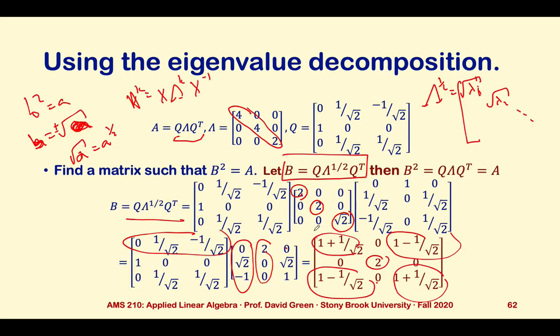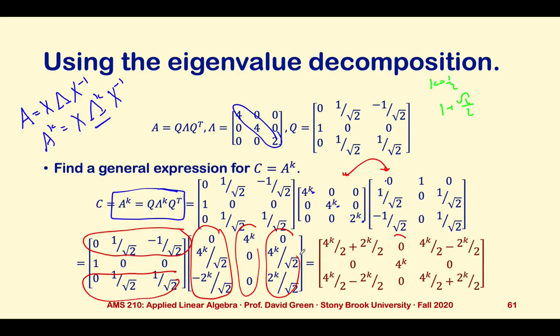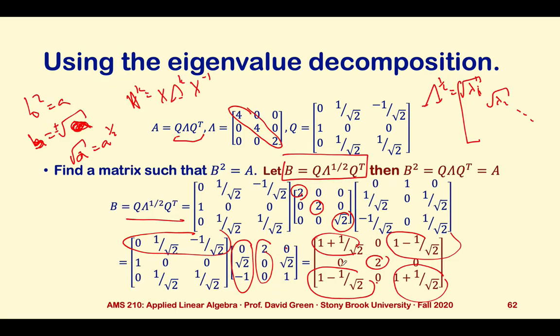That gives us the same expression here. 0, 1 minus square root of 2 over 2. 0, 4 to the half is 2. 0, 1 minus square root of 2 over 2. And 0, 1 plus square root of 2 over 2 here. This gives us exactly the same matrix.